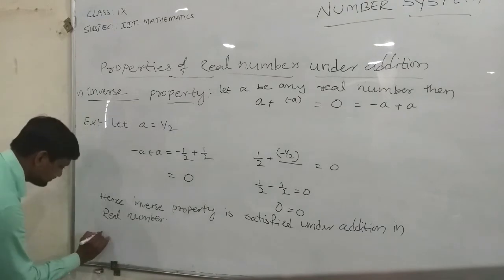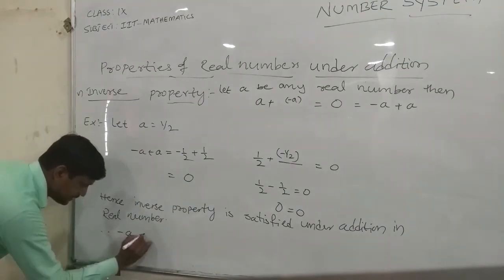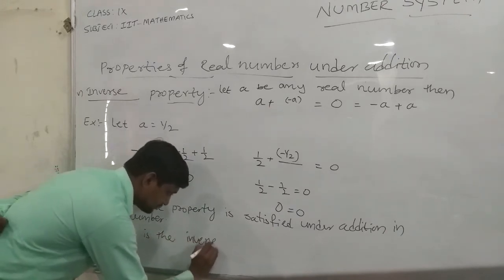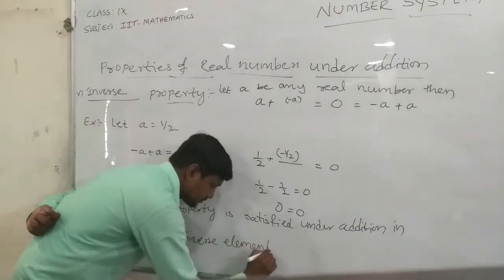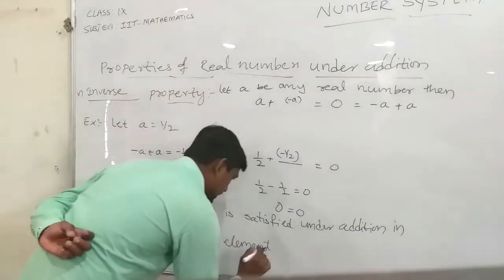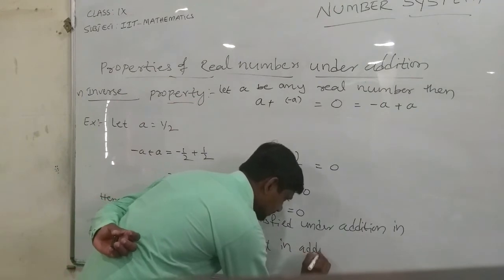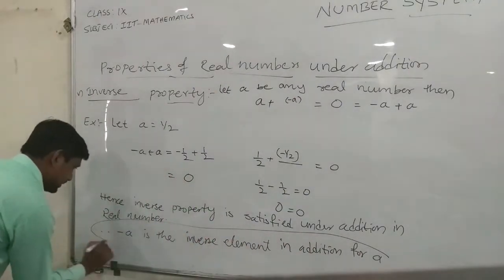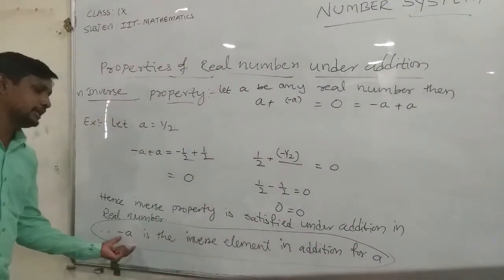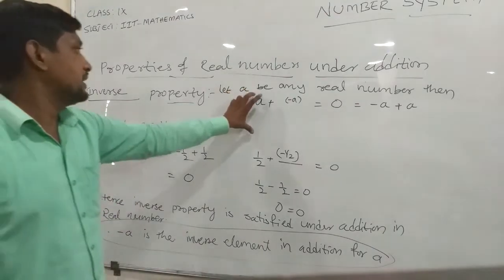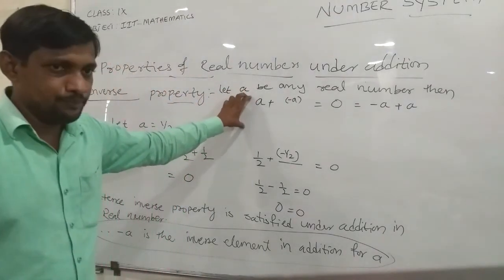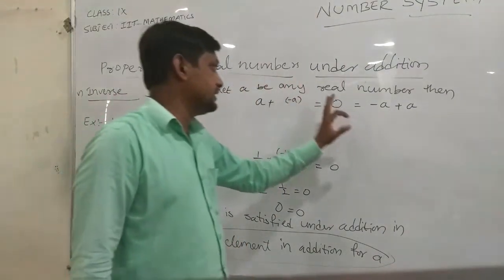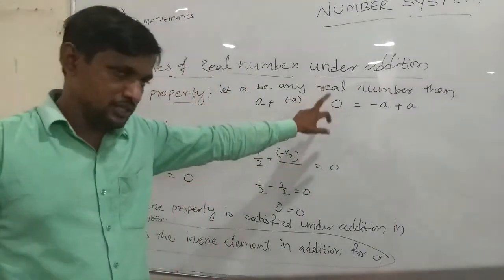So therefore minus A is the inverse element in addition for A. If I take A as any number, then minus A is the inverse. Children, once again I am explaining. If I am taking any number and adding another number, I need to get the identity element, which is 0 in addition.